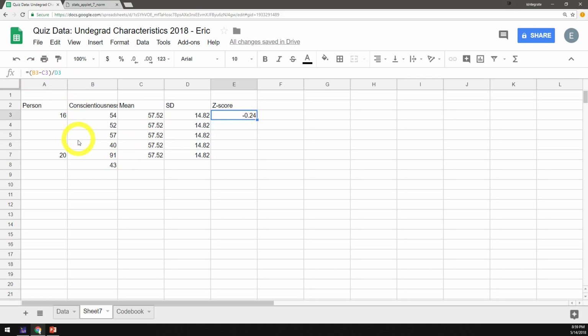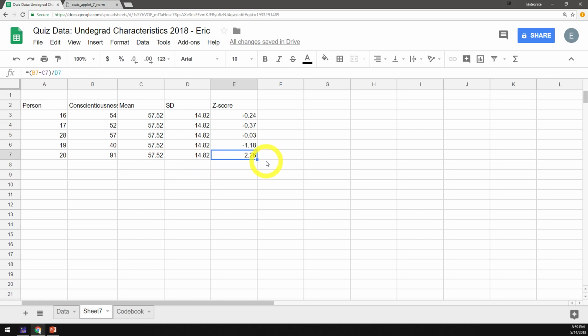We're going to keep this relative, so we'll pull this down. And we've calculated z-scores for each of these individuals, 17, 18, 19, and 20. We can see that this particular person, 91, is 2.26 standard deviations above the mean.